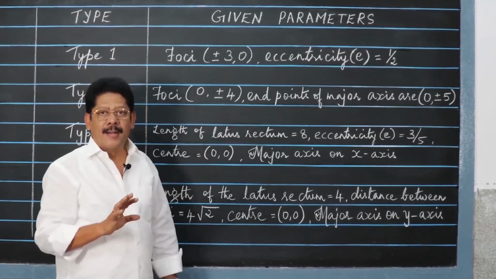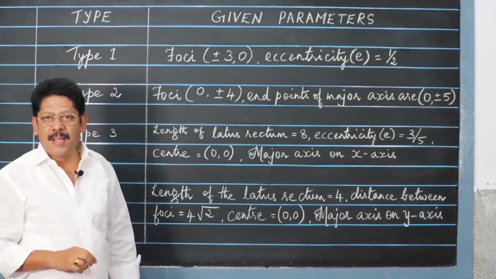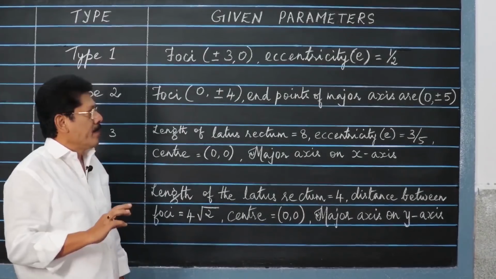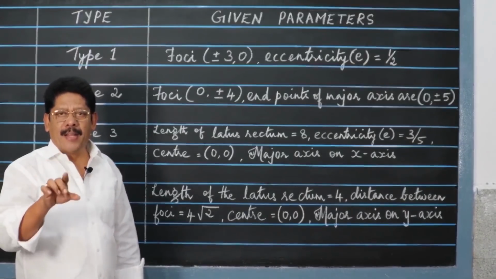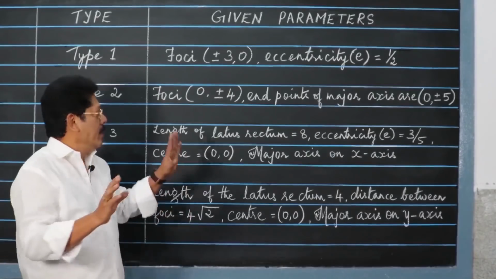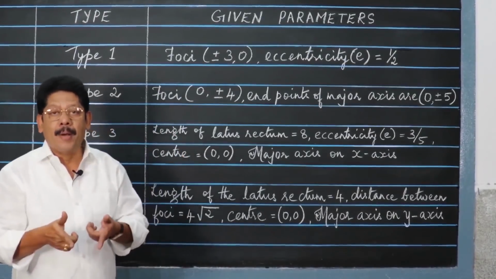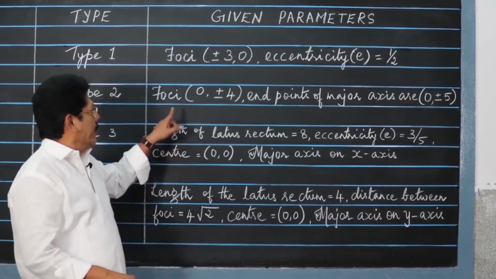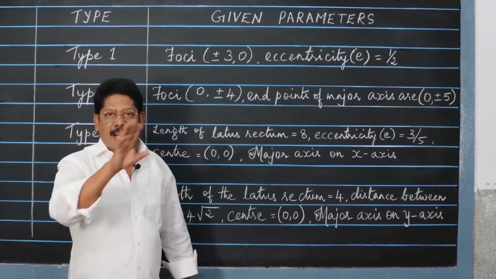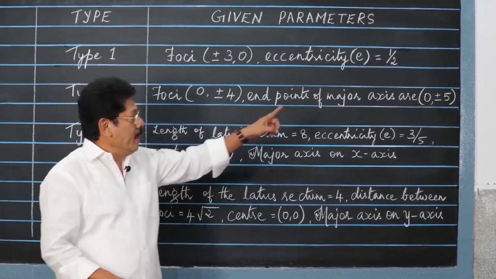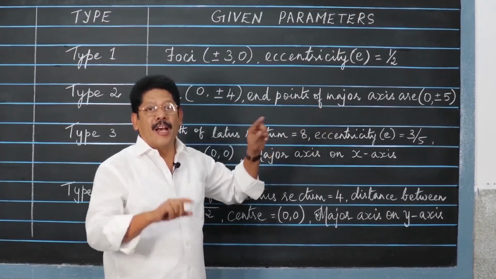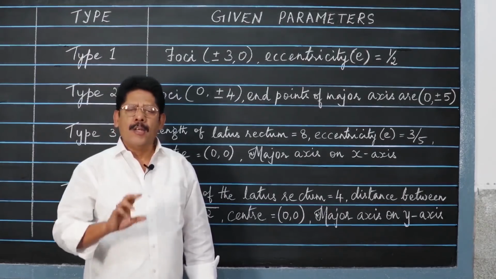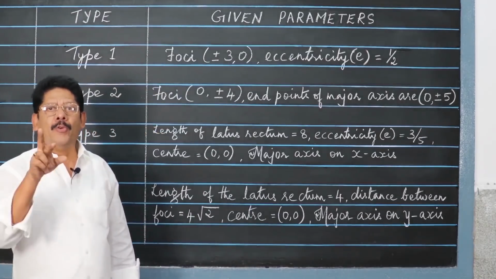Therefore, it is very clear that the major axis is along the y-axis. For representing graphically, the midpoint of the foci will give you the center. Similarly, the midpoint of the ends of the major axis will also give you the center. Whichever is convenient for you, you can take it.